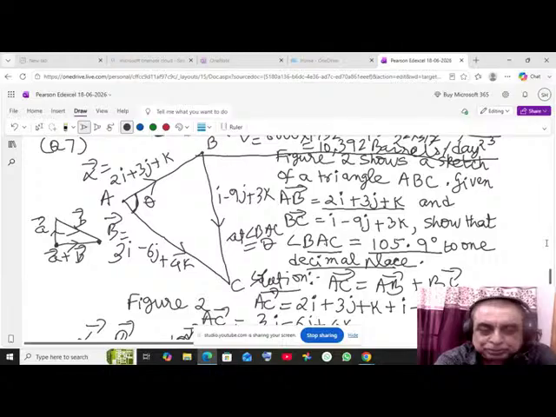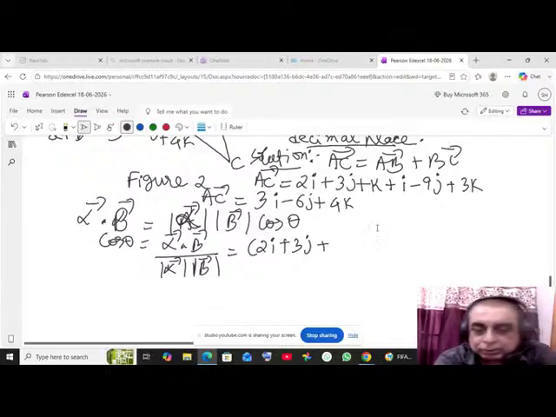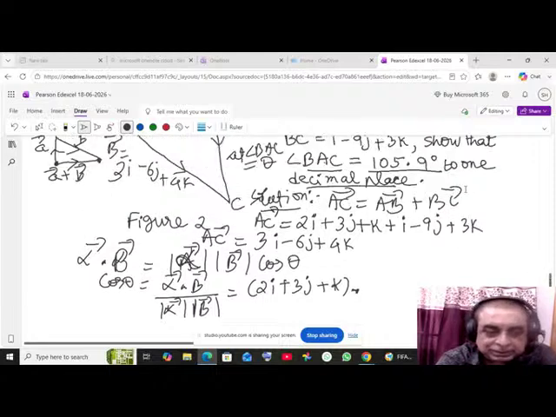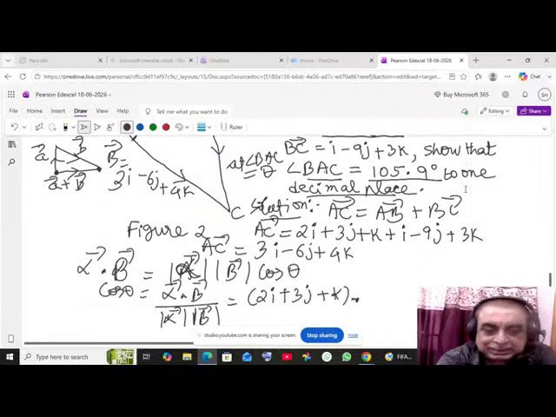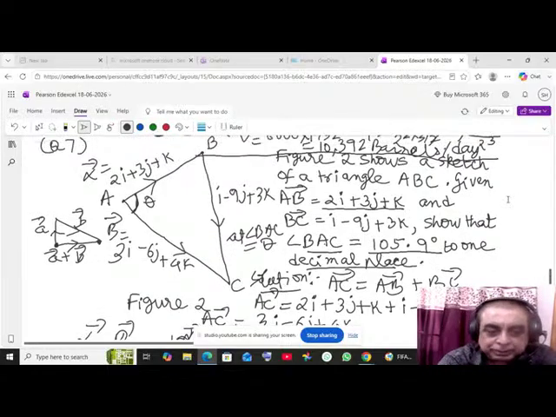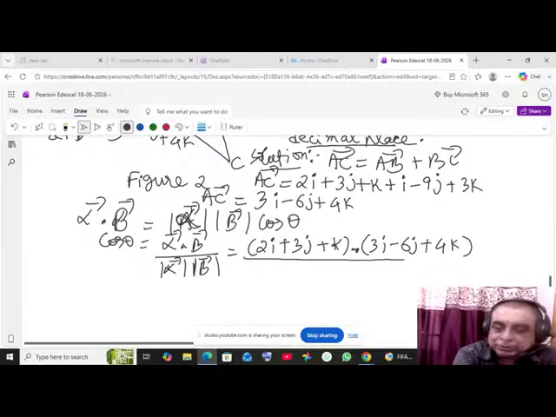Alpha is 2i plus 3j plus k, dot product with beta, the vector representing side AC, which is 3i minus 6j plus 4k, whole divided by the magnitude of alpha times the magnitude of beta.